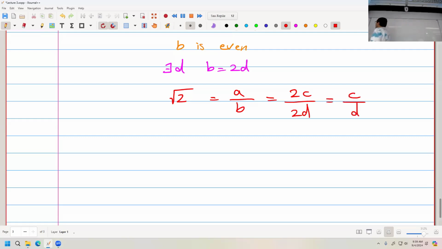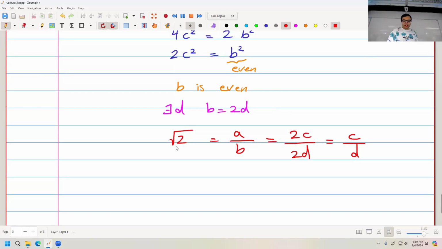Now, this looks pointless up until you realize what's happening here. I had a way of writing square root of 2 as a fraction, a over b. But now I found a different way of writing square root of 2 as a fraction, c over d.